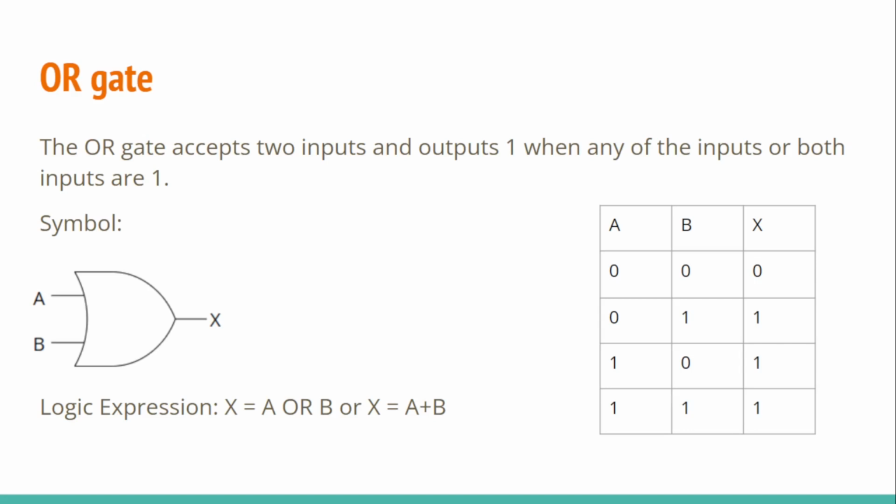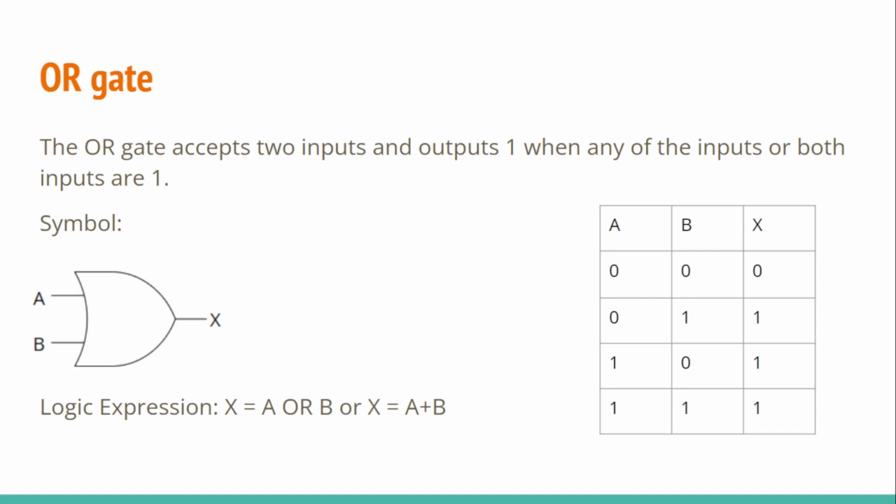The OR gate accepts two inputs just like the AND gate and outputs 1 when any of the inputs or both inputs are 1. The symbol is like half of the moon, and the logic expression is given as X equals A or B, or X equals A plus B. The truth table comprises 4 possible combinations.